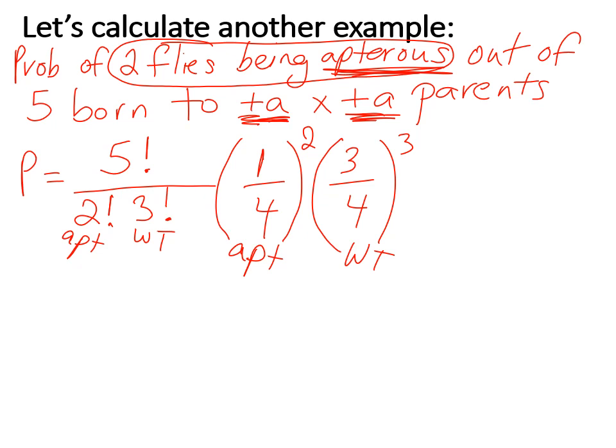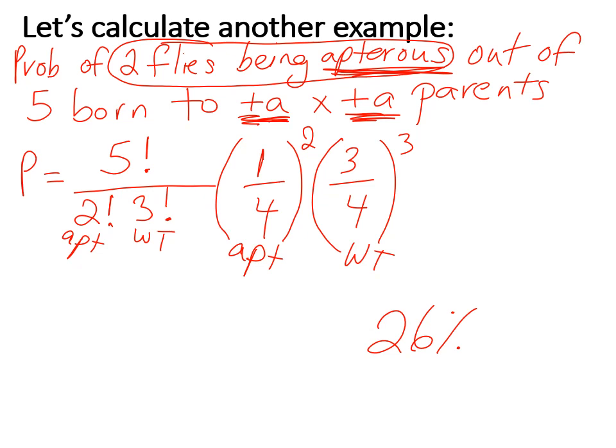Okay? If you plug all of this into your calculator, you should then end up with a 26% probability of getting 2 apterous flies, 3 wild type flies in a plus A cross with 5 total flies born.